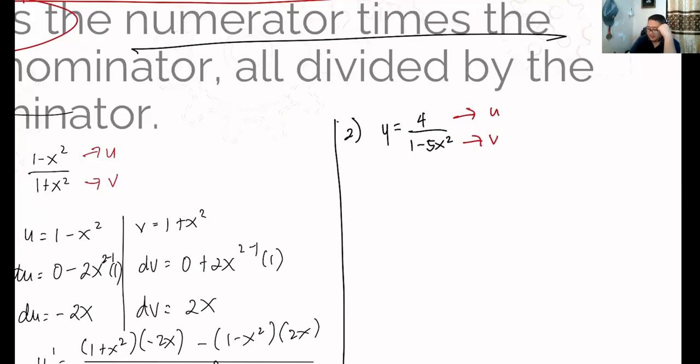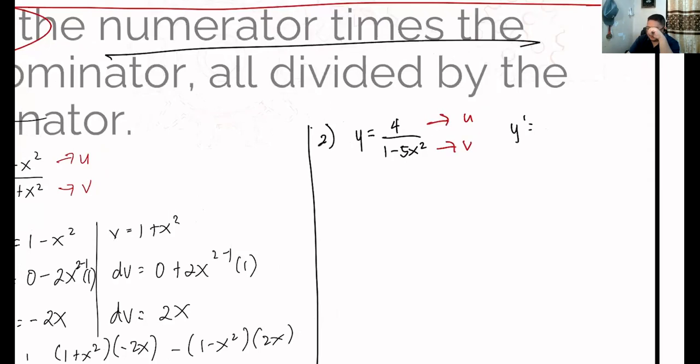So again, yung formula natin for derivative is v du minus u dv over v squared. Okay? Pero makikita nyo, ano ang derivative ng u natin dito sa problem na to? Anong derivative ng 4? 0 po. Okay, so 0. So, ibig sabihin yung du natin dito will be 0.